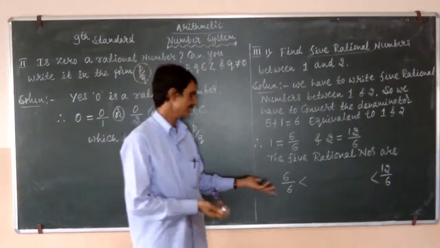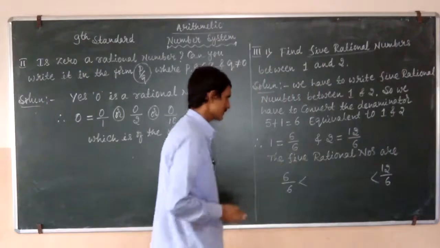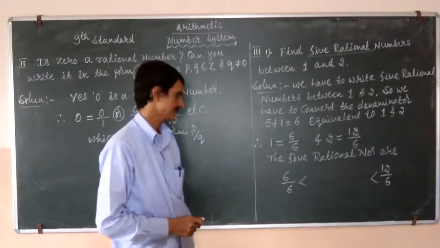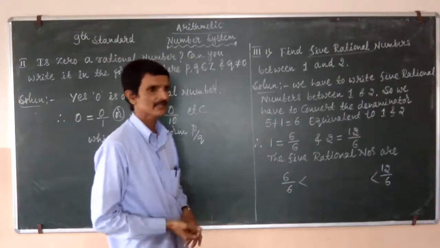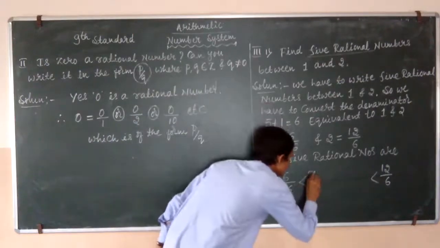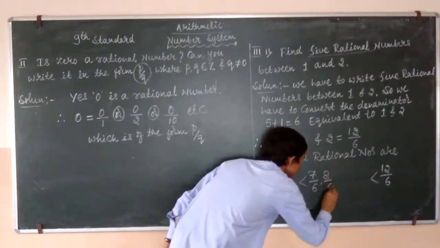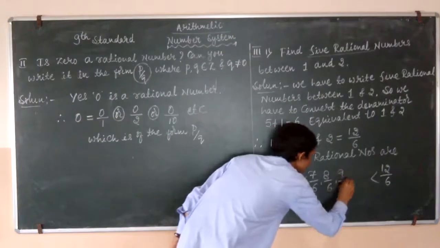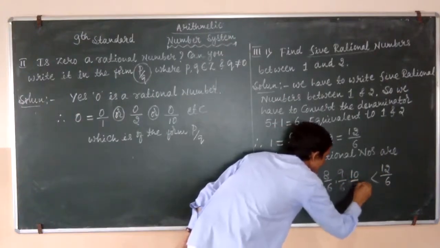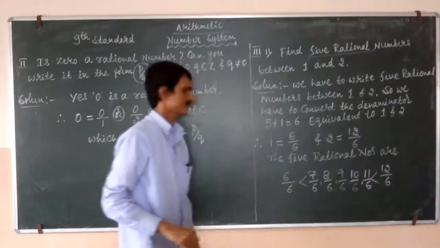So here it is simple. Go on adding 1 to the numerator, and I am writing the denominator as it is. So the next numbers will be 7 by 6, 8 by 6, 9 by 6, 10 by 6, and lastly 11 by 6.